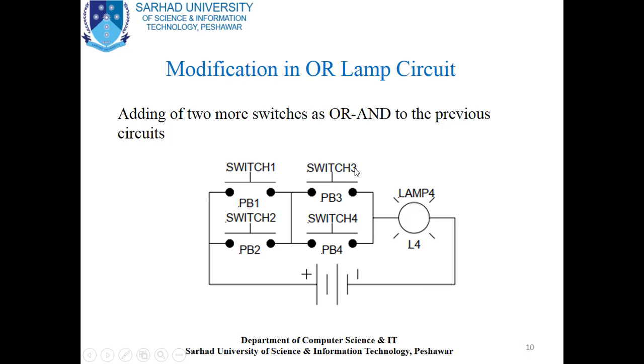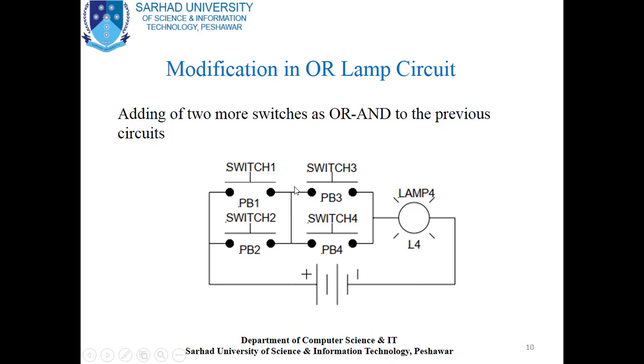Here you can see switch 3 and switch 4. So here switch 1 has been connected in OR form with switch 2, and here you can see switch 3 which has been connected with switch 4 in the OR form, and these switches are connected with lamp 4.